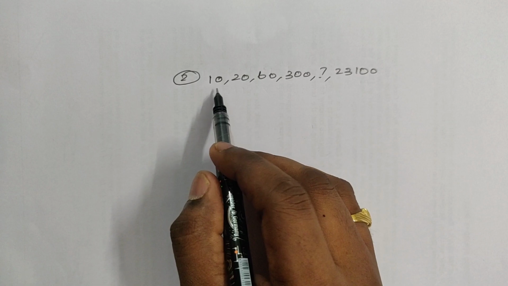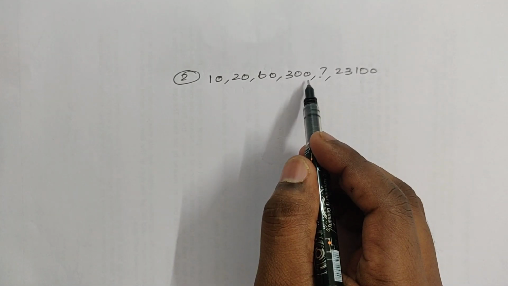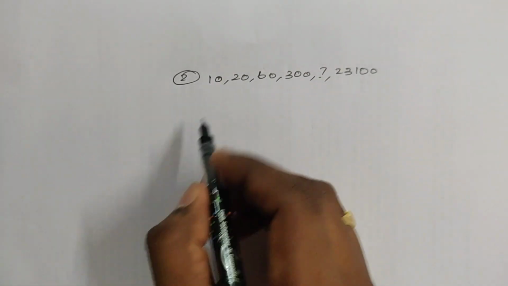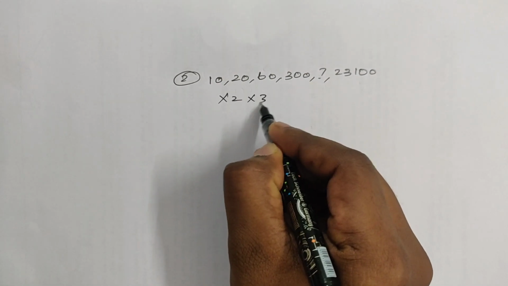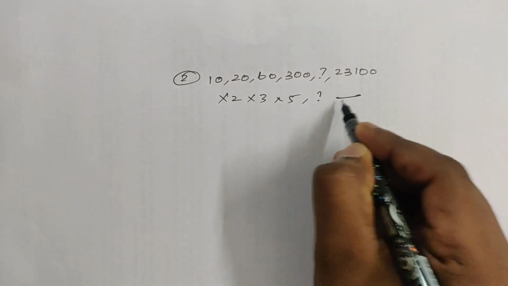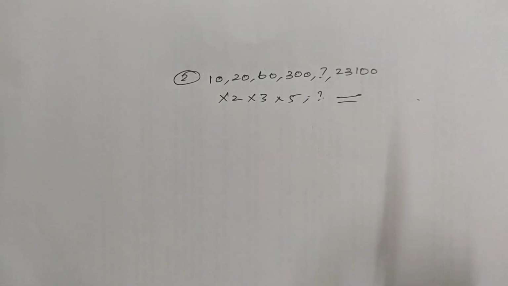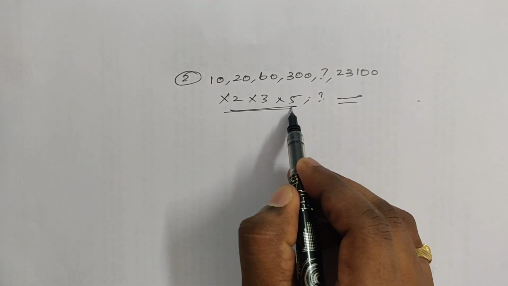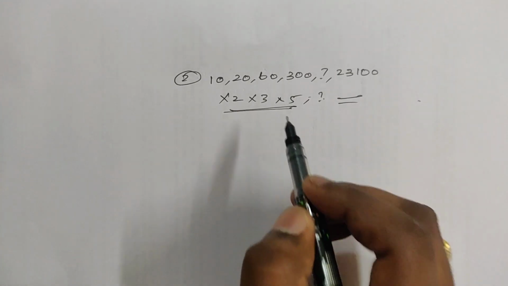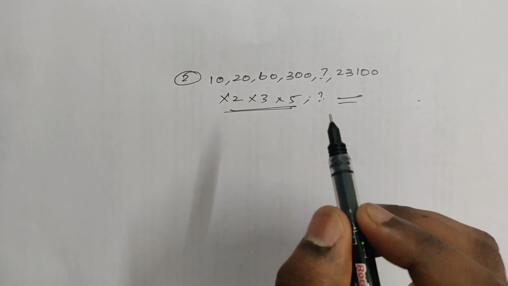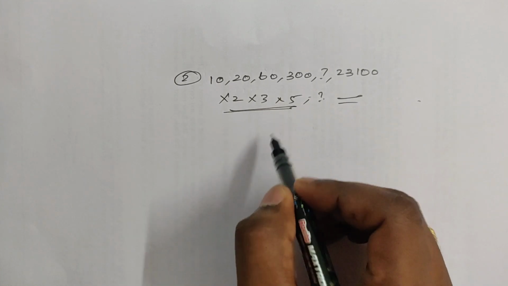The second question is 10, 20, 60, 300, question mark, 23,100. It seems like a direct multiplication question. You can see that there is no 4 in between, so 2, 3 and 5. With this I can interpret that these are prime numbers. As you all know, a prime number is a number that has only two factors, which is 1 and the number itself.